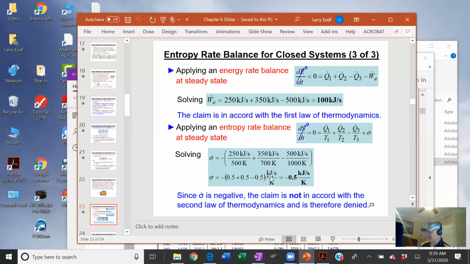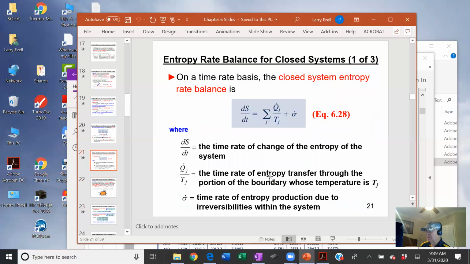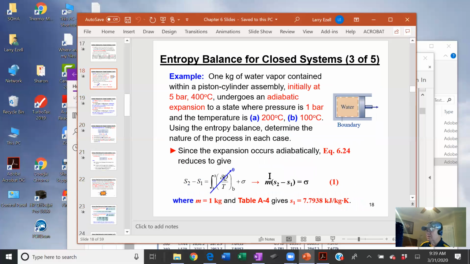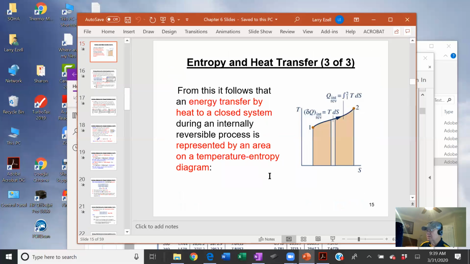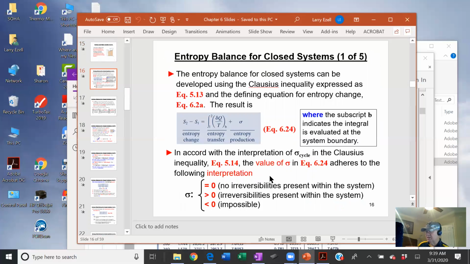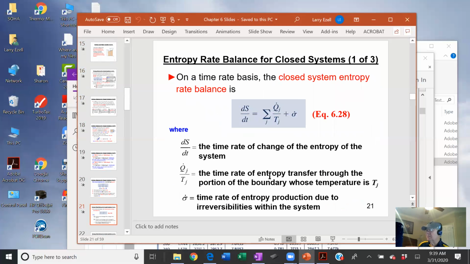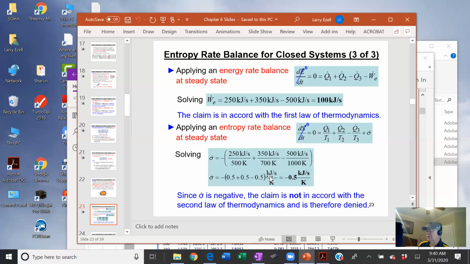But if you add it up for the whole process, the sigma is less than zero. Less than zero is impossible. So you could say that his claim is invalid. It violates the second law of thermodynamics.